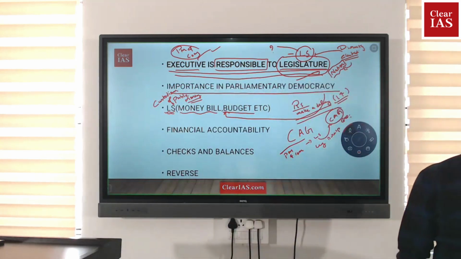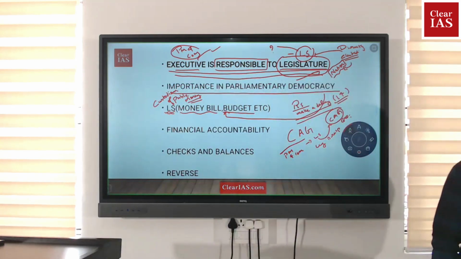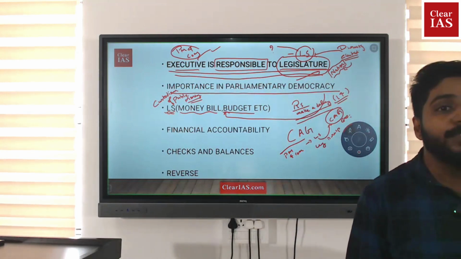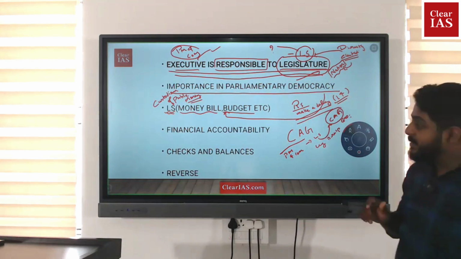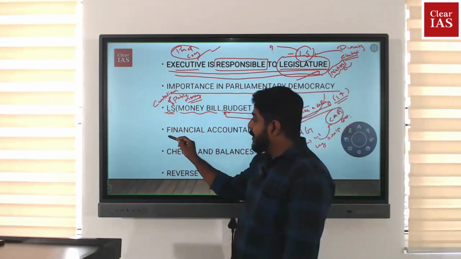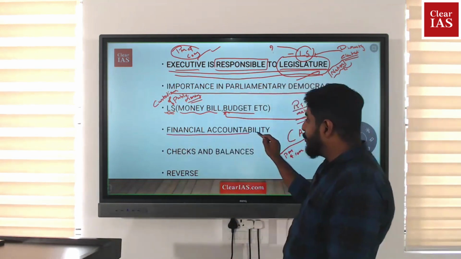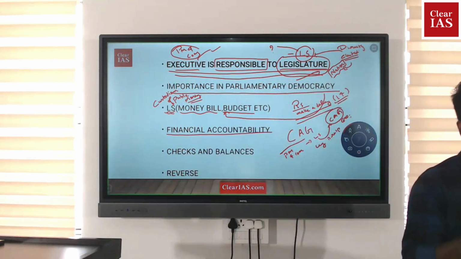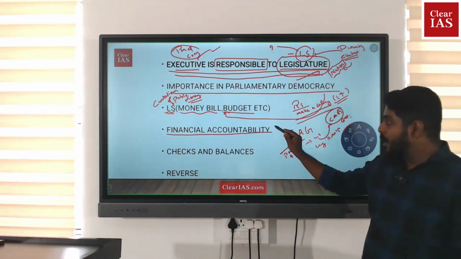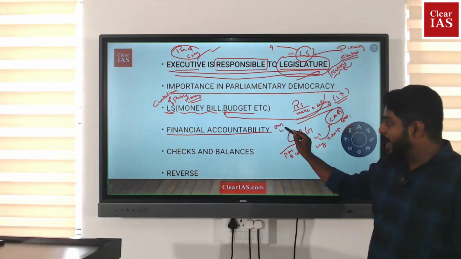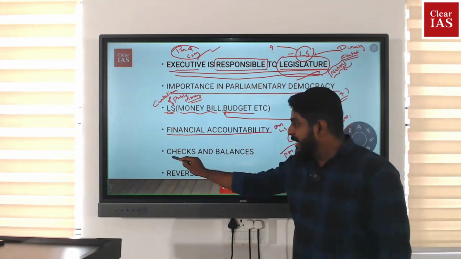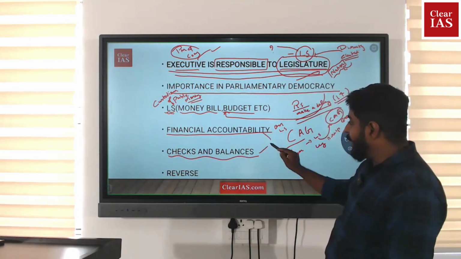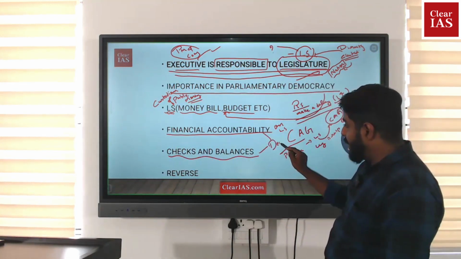Why? Because CAG will submit a report pointing out the discrepancies in these kinds of expenditure. So this is the reason why we say that the function of the Comptroller and Auditor General is to keep financial accountability on Lok Sabha, as well as keeping the checks and balances to promote the spirit of democracy.